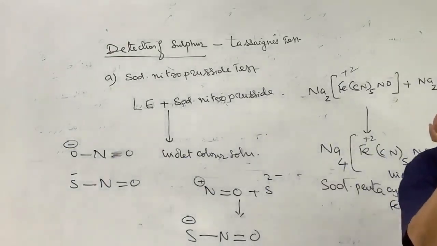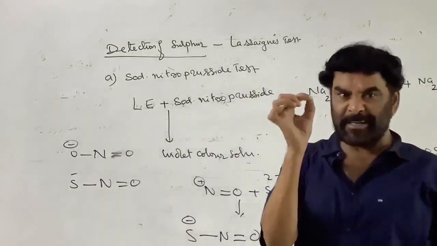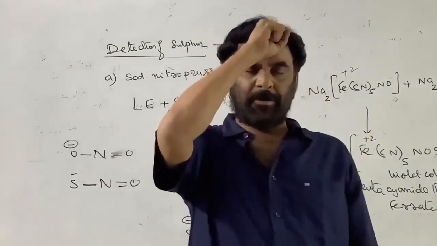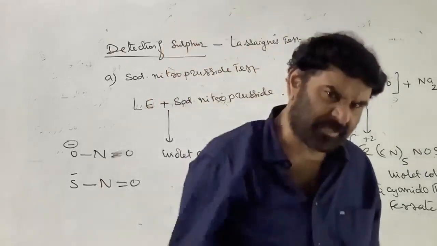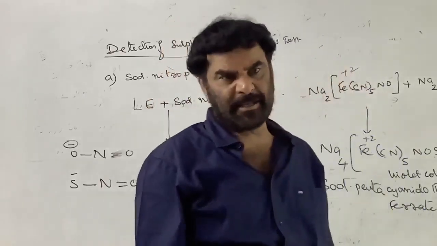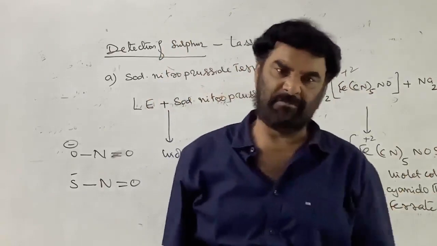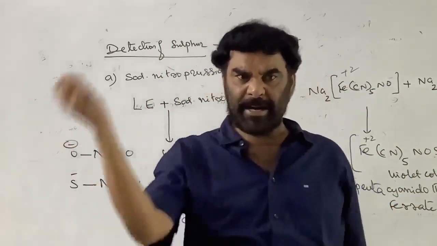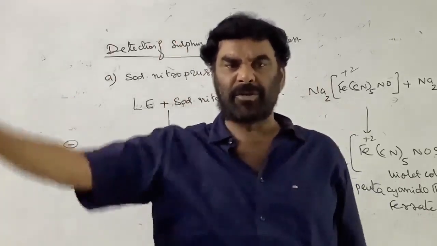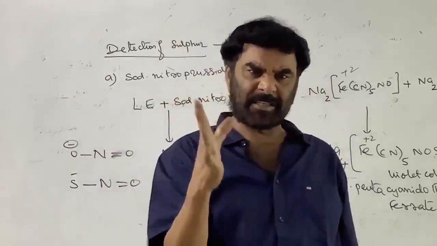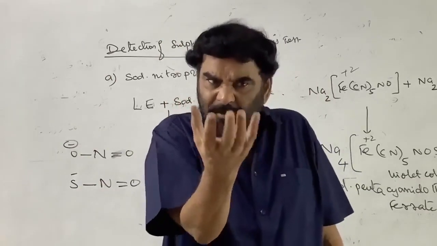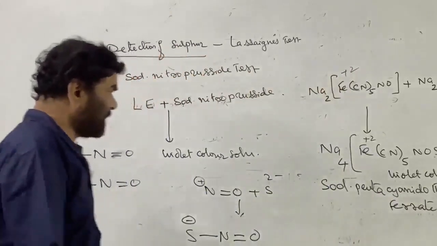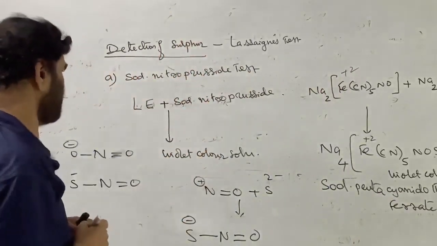The sulfide ion present in the solution can be detected by using sodium nitroprusside. The sodium nitroprusside test is the best test for the detection of sulfide ion in the solution. If the solution contains sulfide ion, on addition of sodium nitroprusside a violet solution is formed. Very sensitive: even though the sulfide ion concentration is very low, it gives the positive test. So this is called the sodium nitroprusside test.